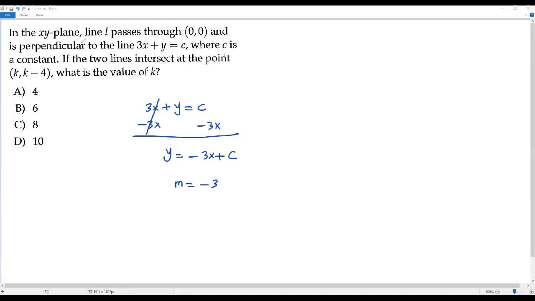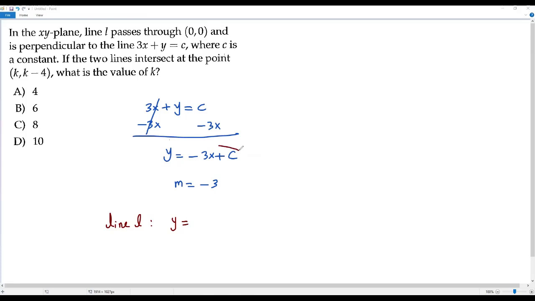Okay, now let me write the equation of line L in slope intercept form. To do that, we use the formula y = mx + b, where m is the slope of line L. The question says line L is perpendicular to the line 3x + y = c, whose slope is -3.